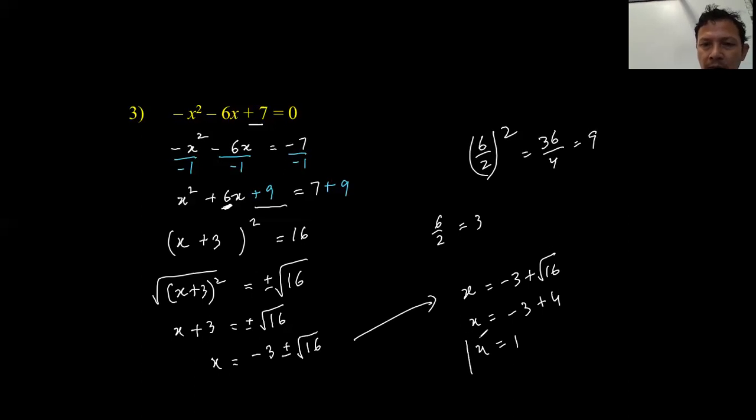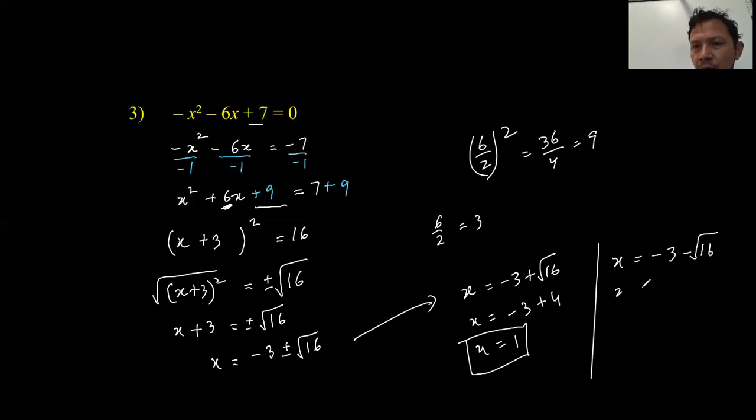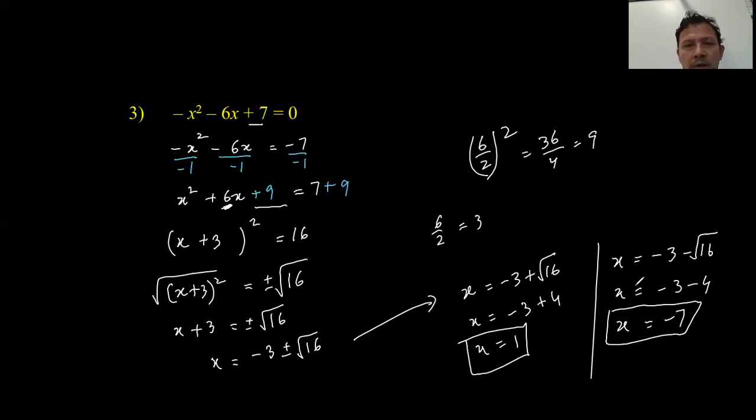This is your first value of x, when it is positive root 16. So let's find out when it is negative root 16. Minus 3 minus root 16. And that gives you x equals minus 3 minus 4, equal to minus 7. Same signs, add and keep the same sign. So here we go. x equals 1 and x equals minus 7.